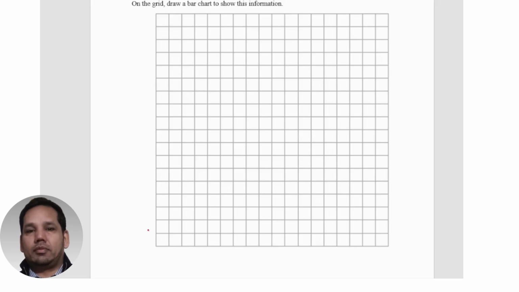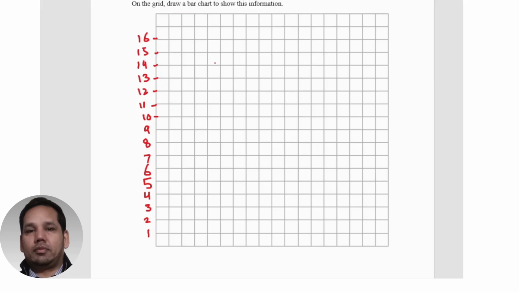This is 1, this is 2, 3, 4, 5, 6, 7, 8, 9, and this is 10. This is 11, this is 12, 13, 14, 15, and 16. Okay, that was the distance covered.